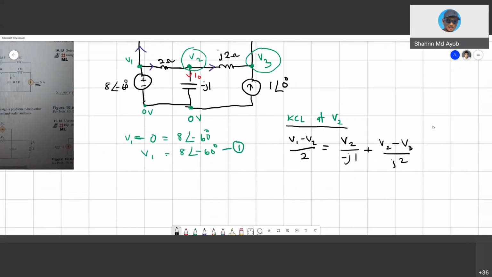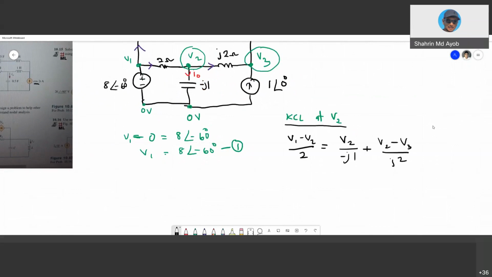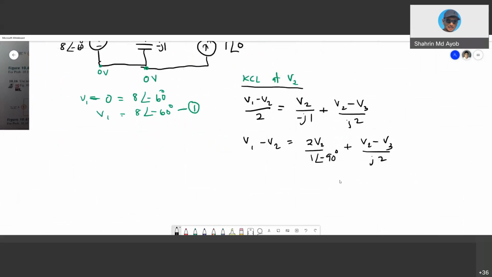From here, you can simplify this one. So this one will become 2V2, negative j, negative 90 degrees, plus V2 minus V3 over j2. So it will be very, very long here. Or maybe not necessary.